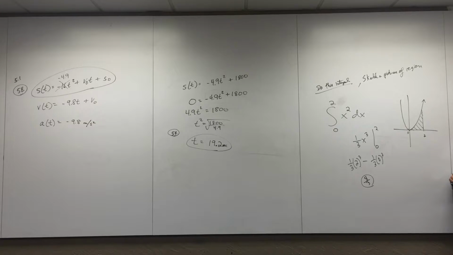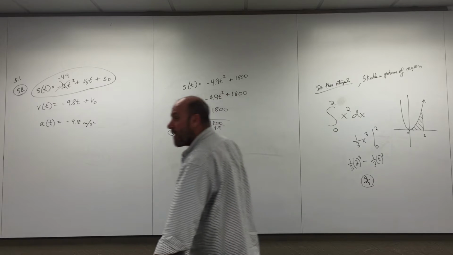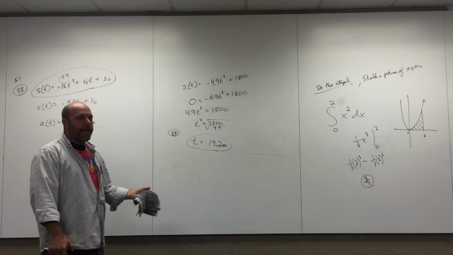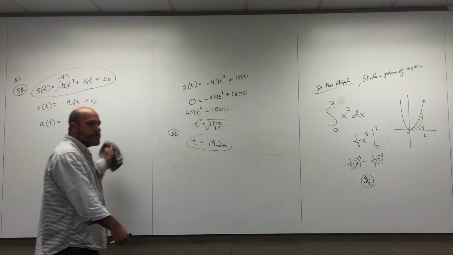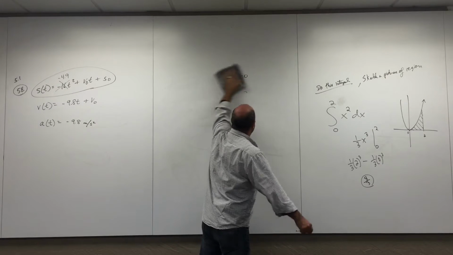If the value is negative, then it might represent some area that's below the x-axis, maybe. Anything else?